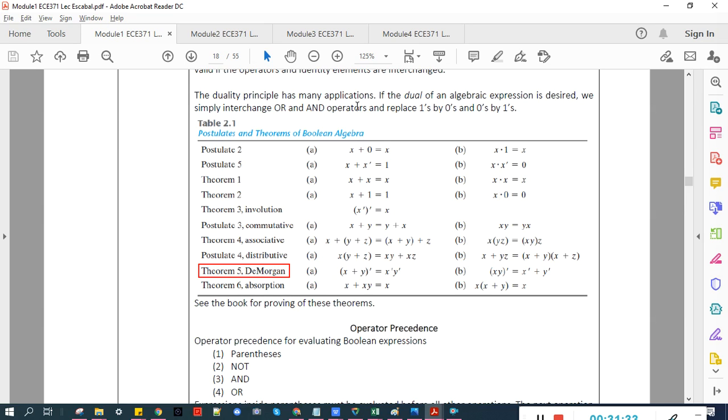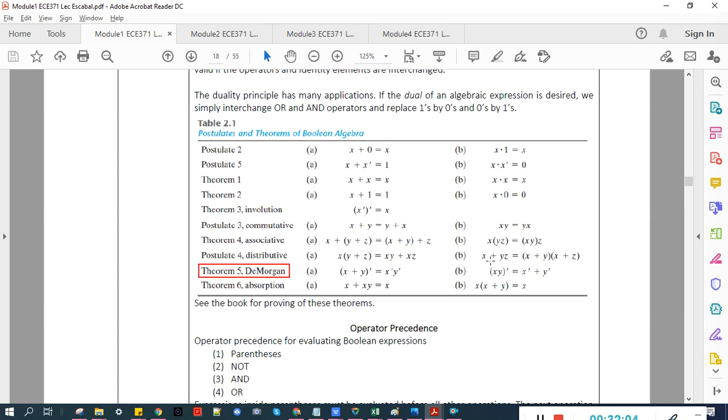And its dual operation, x times the quantity y times z is equal to x times y times z. Distributive, distribute the operation of x dot the quantity y or z is equal to x dot y plus x dot z.